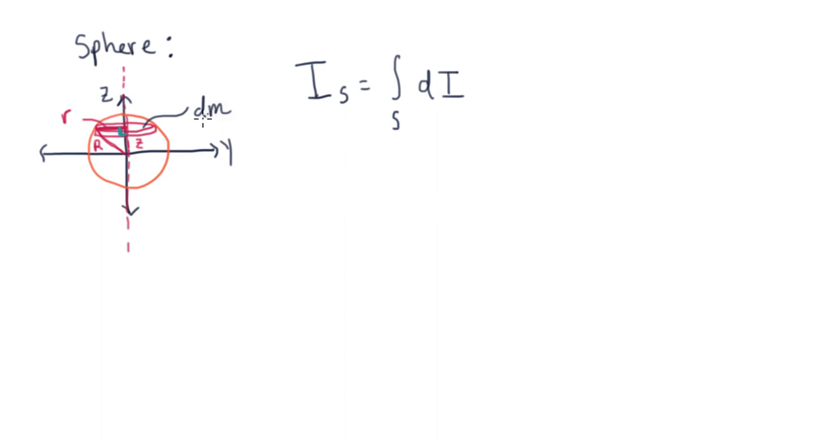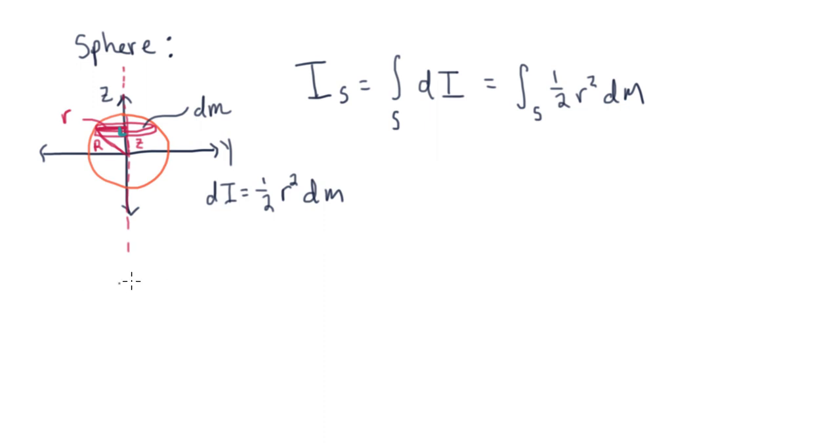So the moment of inertia corresponding to this dm, dI, is, well, it is a cylinder. So the moment of inertia of this mass element is 1/2 r squared dm. So in other words, what I'm really doing is adding up over the sphere 1/2 r squared dm. Okay, so what is dm?